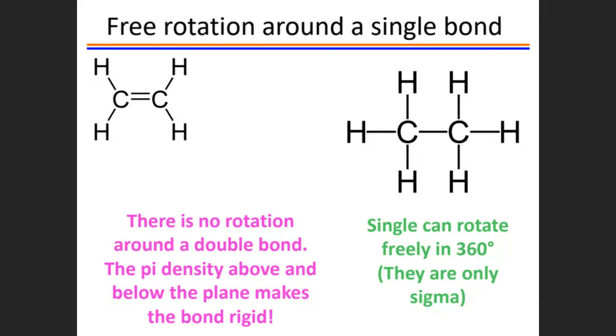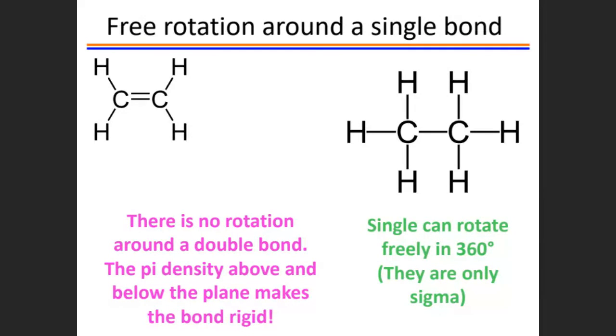Free rotation around a single bond. Last class I talked about the ball and stick. It's very simple: if you have a stick and ball in your hand, you can rotate it.